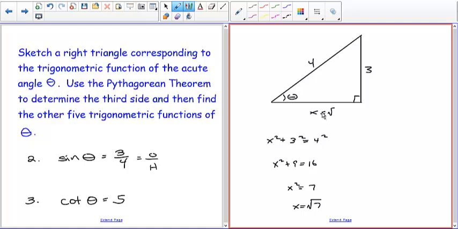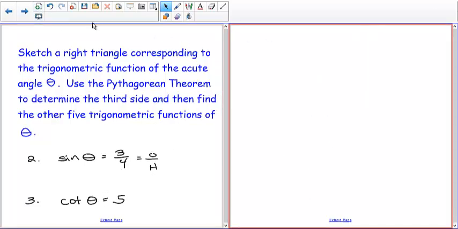So that's the third side given this information. Okay, so now that we know that, we now have the triangle. So let's insert another page.